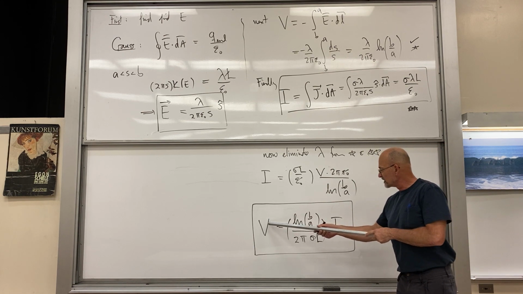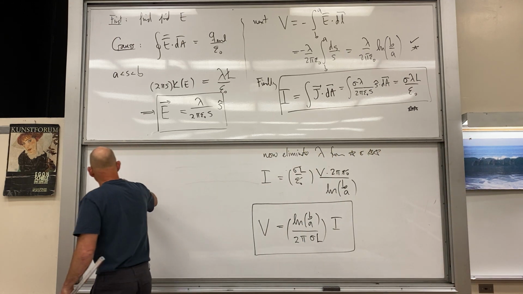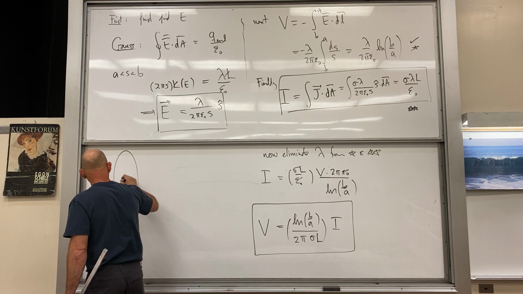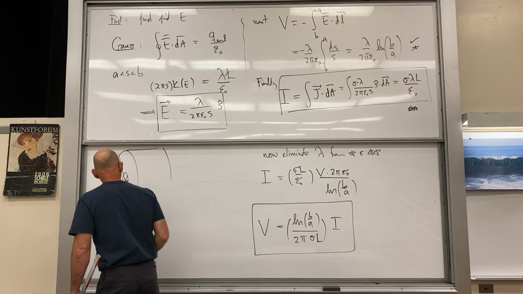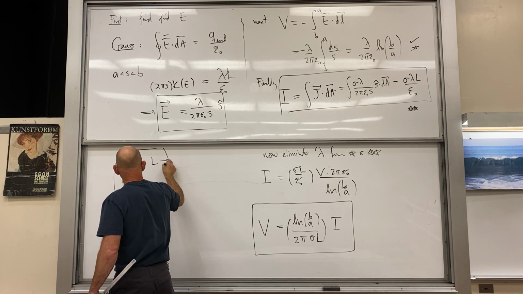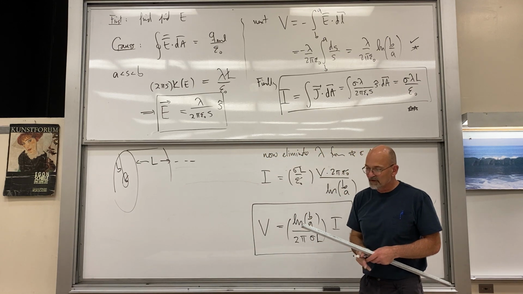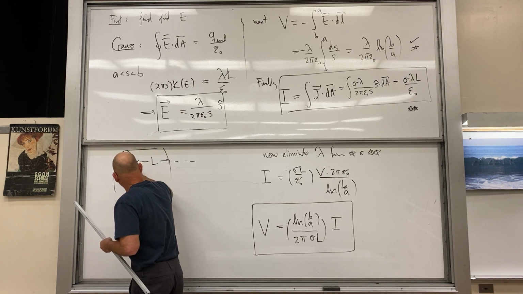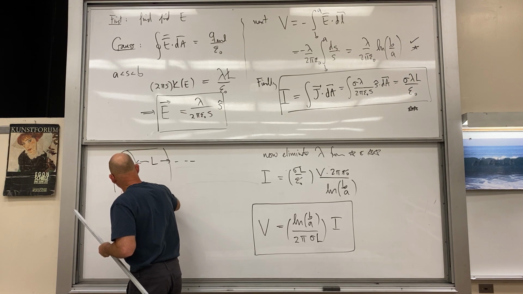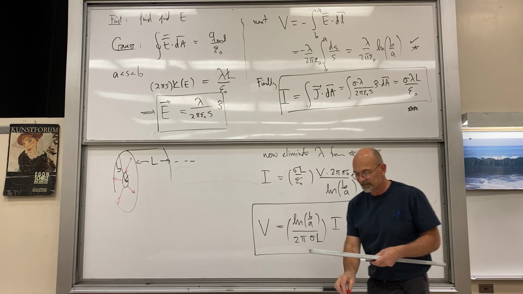There's our potential difference across. I'm going to draw a picture of this thing again, just a short cross section this time, A, B, L. And again, it's the current flowing like this between those two.